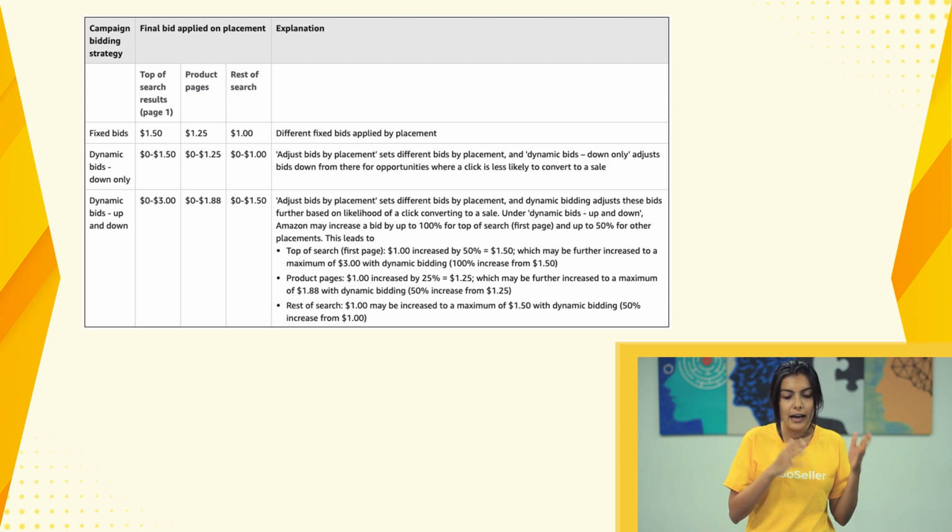So dynamic bids down only changes the bids between $0 and $1.50 for top of the search, $0 to $1.25 for product pages, and $0 to $1 for rest of the search. And dynamic bids up and down keeps it between $0 to $3 for top of the search, $0 to $1.88 for product pages, and $0 to $1.50 for rest of the search.